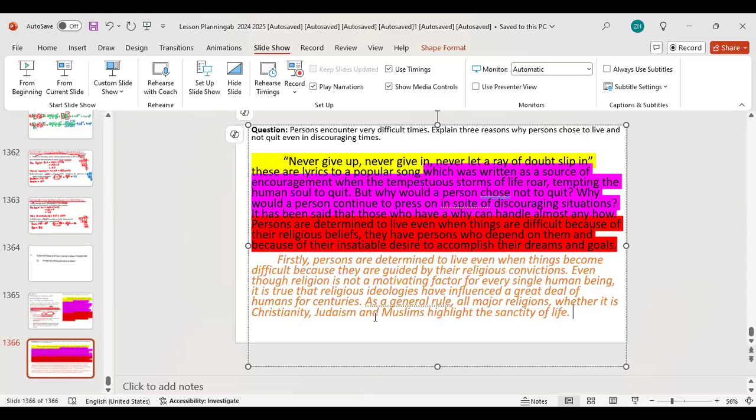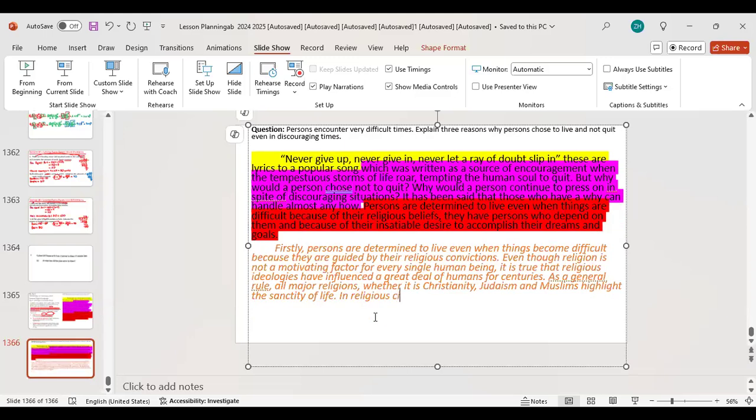All major religions, as a general rule, believe that. In religious circles, life is seen as a gift, a precious gift to be cherished.